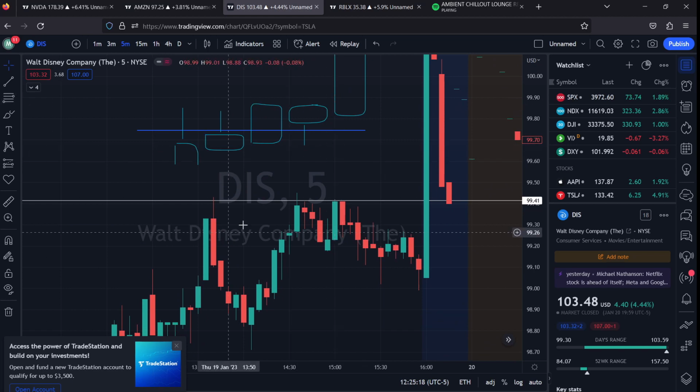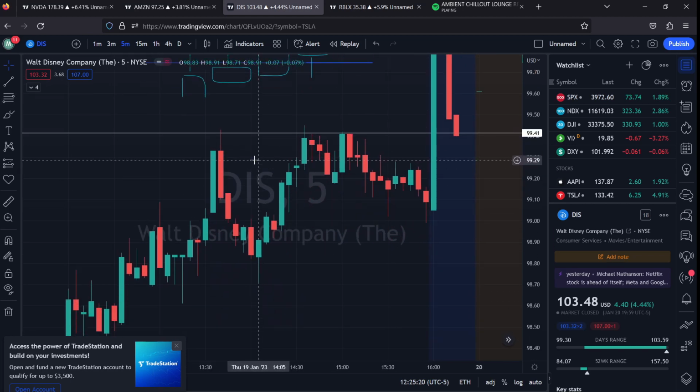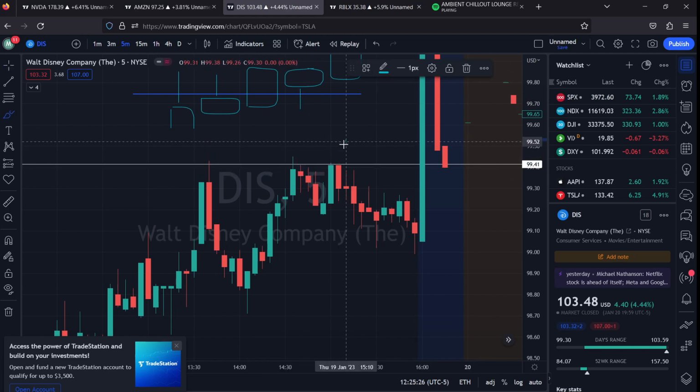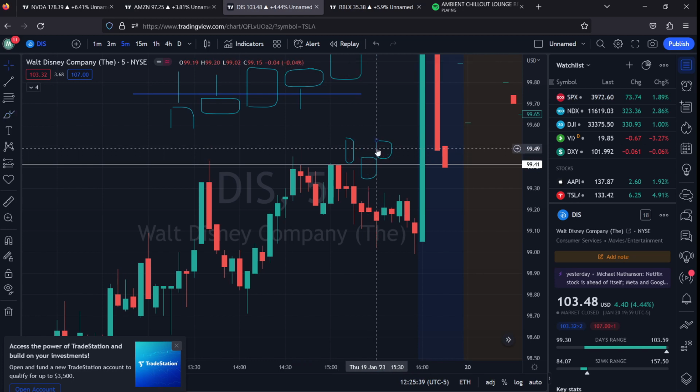So for instance right here, what I would be looking for is a close over 99.41. I want to see the body of a candle close over like this. If it's a candle like this and the next one opens right here, I would still validate this as a close over that level.